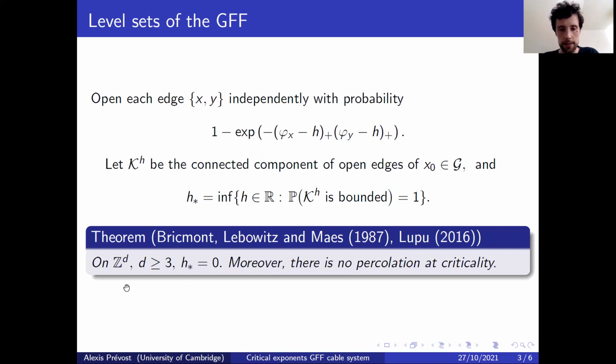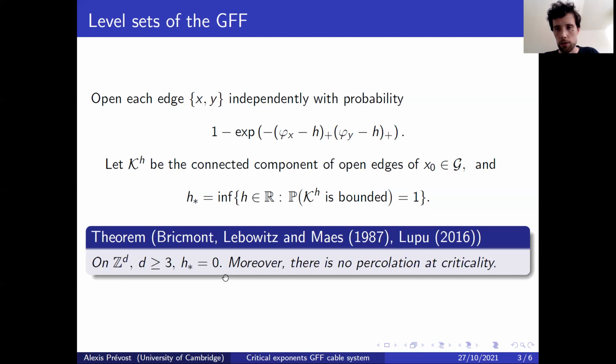What they prove is that on Z^d, in all transient dimensions, the critical parameter h star is equal to 0. Moreover, there is no percolation at the critical point, h equal to 0. This is something that is not known for simple Bernoulli percolation in low dimension. Moreover, we don't know an explicit formula, and we don't expect that there is an explicit formula for the critical parameter. So there seems to be something about this model which makes it easier to study.